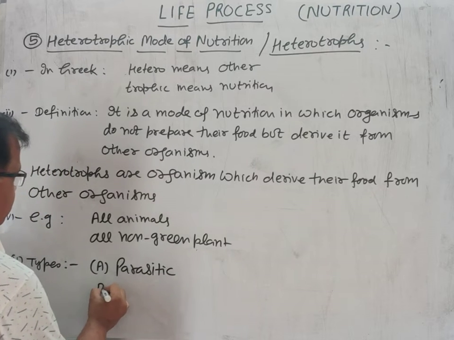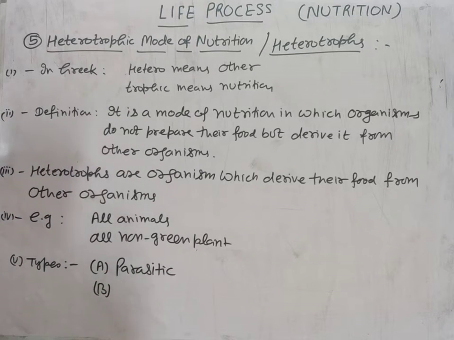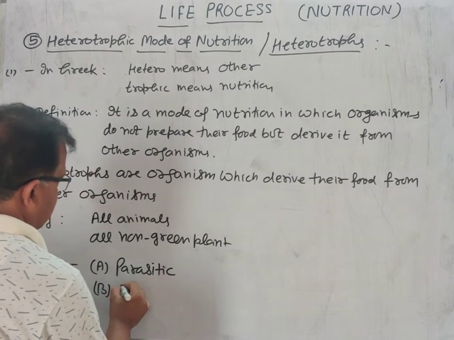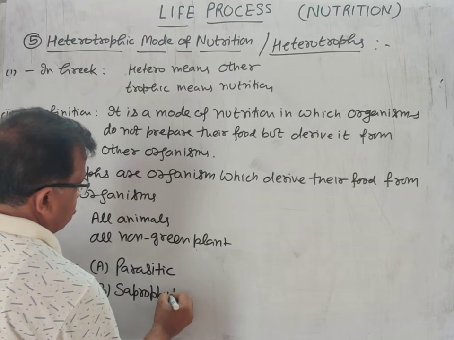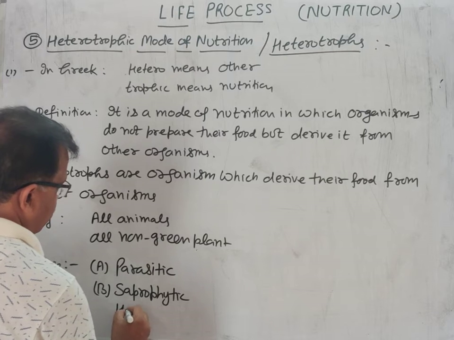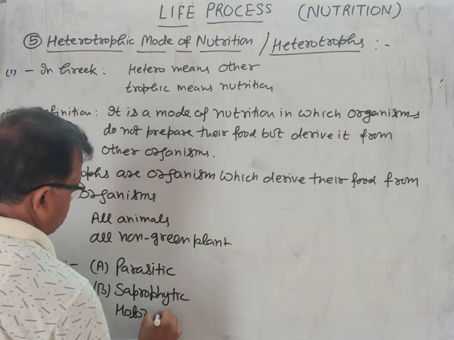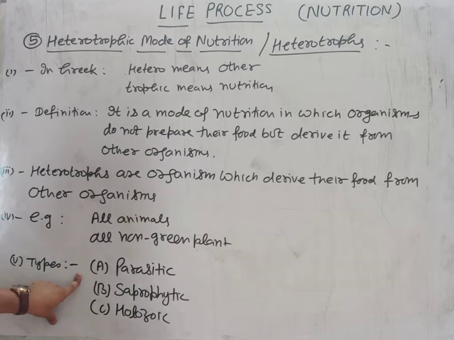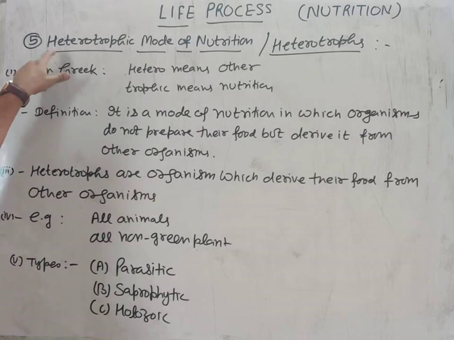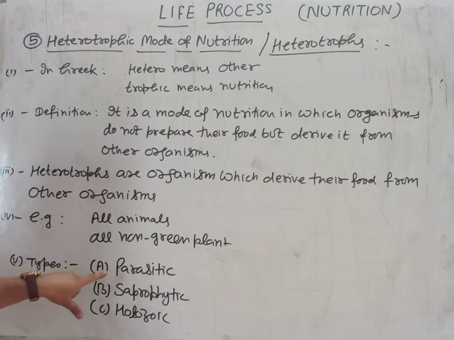Parasitic mode, saprophytic mode, and holozoic mode. Depending upon the mode of nutrition, heterotrophic mode of nutrition is again divided into parasitic, saprophytic and holozoic mode of nutrition. Now we shall study them one by one.